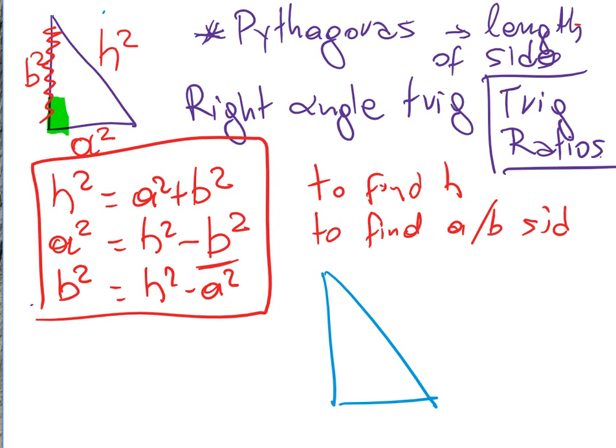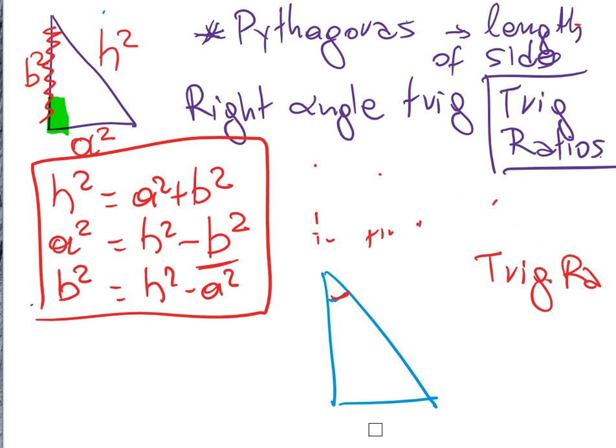So in this case, I'm referring to the trig ratios, and the trig ratios are specifically made to be able to find the opposite or the adjacent side if I know the specific angle.